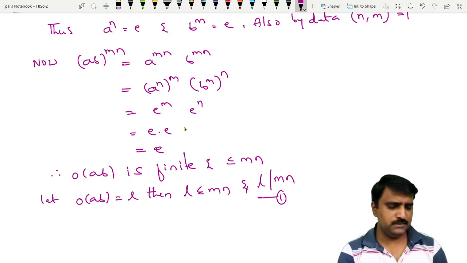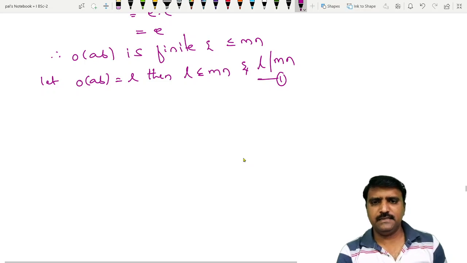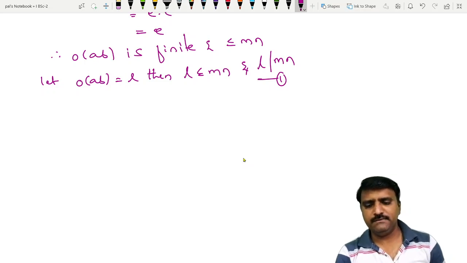Okay, I think it is visible. So L is less than or equal to mn and L divides mn. You take that as 1.